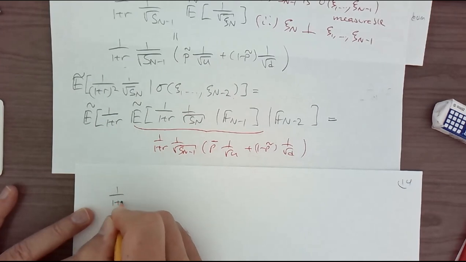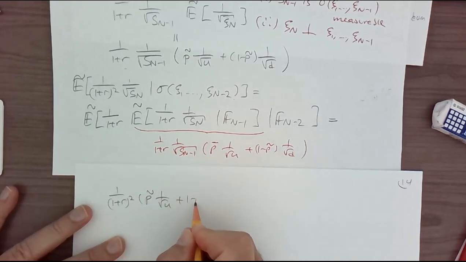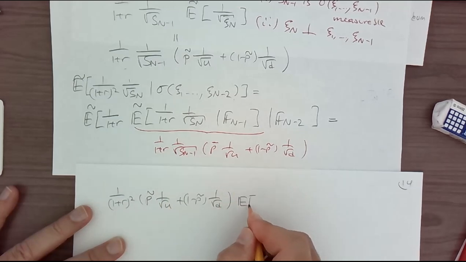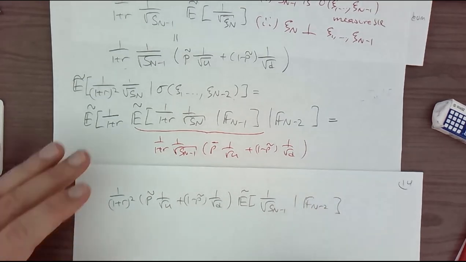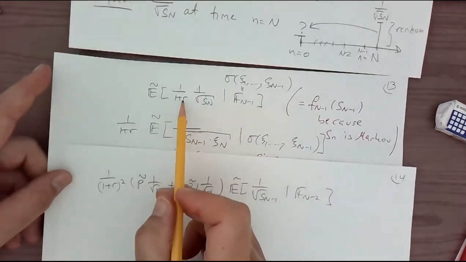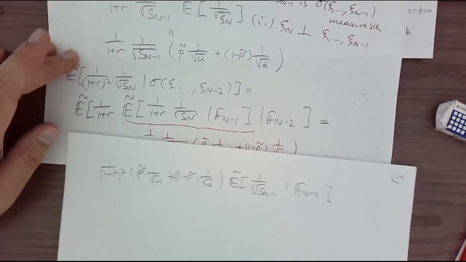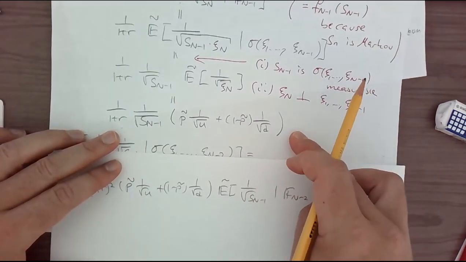So this will be 1 over 1 plus r squared, p tilde, 1 over root u plus 1 minus p tilde, 1 over root d, and then the conditional expectation of 1 over root Sn minus 1 given Fn minus 2. This is the same structure as what we had here. So we go through exactly the same calculations one more time, and you'll end up with this formula here again. So it repeats itself.